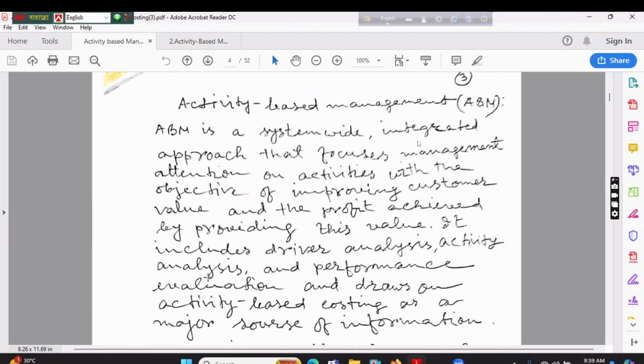Now we can define activity based management.